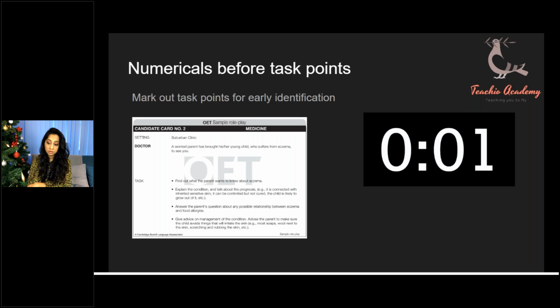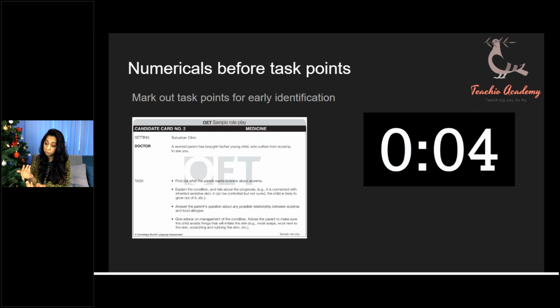Now, if you would have put bullet points, what might happen to you is that you're going through the task, and this happens to everyone, that they get blank or they get a little confused, or the interlocutor gives you a surprise and asks you a question. What that's going to do is that that's going to obstruct your flow, so you won't really know where you are.